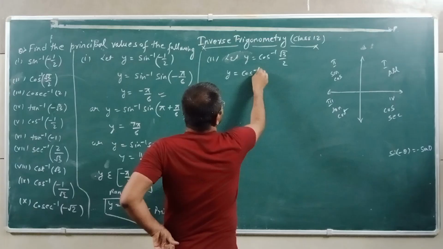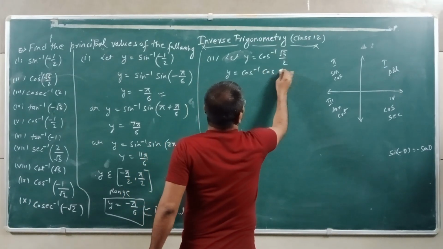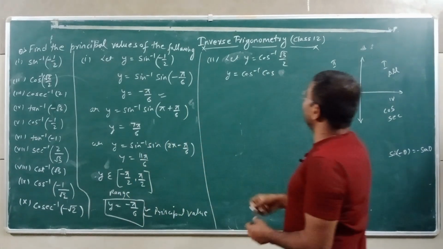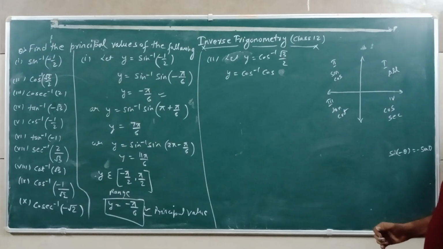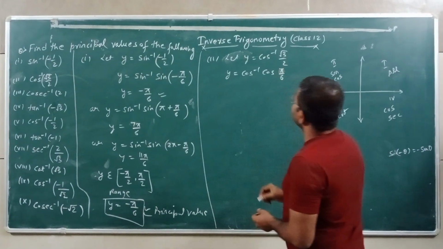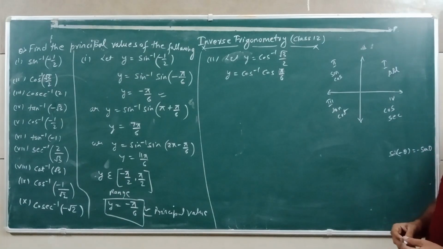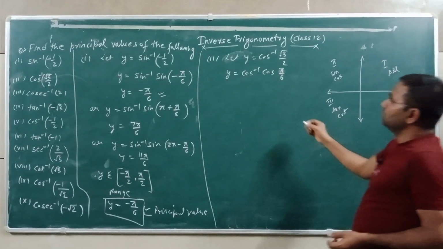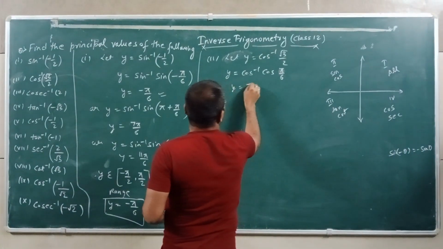So what you will write here: cos inverse cos. Root 3 upon 2 is the value of cos 30, which is pi upon 6. Cos 30 value is root 3 upon 2, so pi upon 6 you will write. Then y will be pi upon 6.